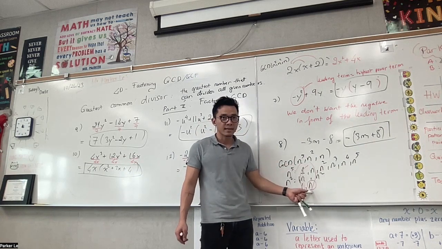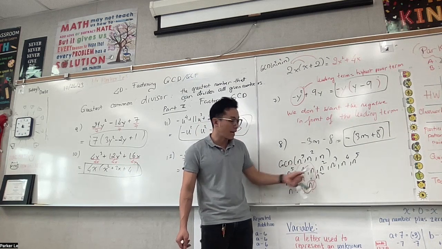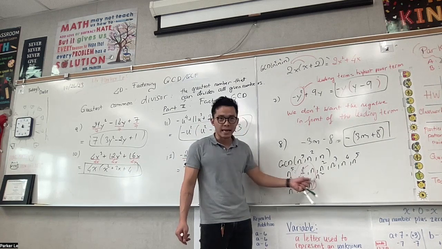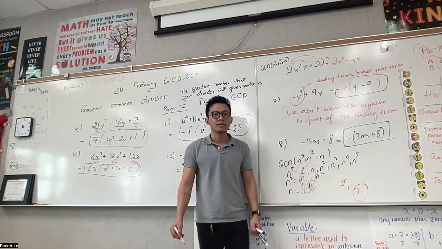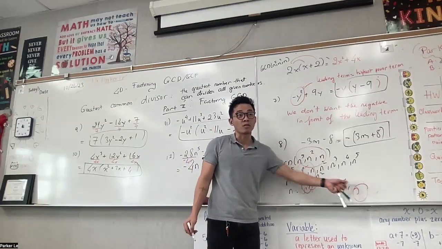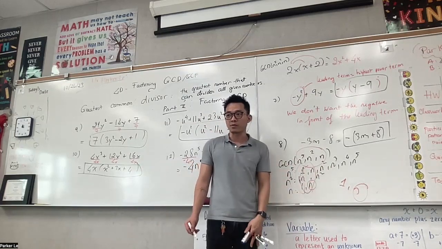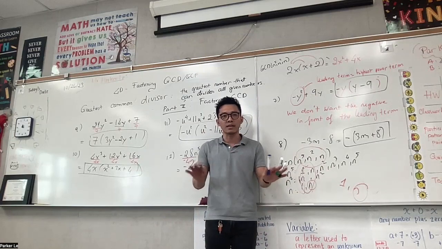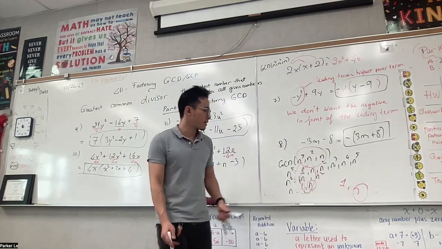N only has 1 and n. Common is that all have the number 1 and all have the number n. Between 1 and n, n is the biggest one. Not between this thing, between the common factors. Very good question. Ask me anything. You get this now? So n is the common factor.